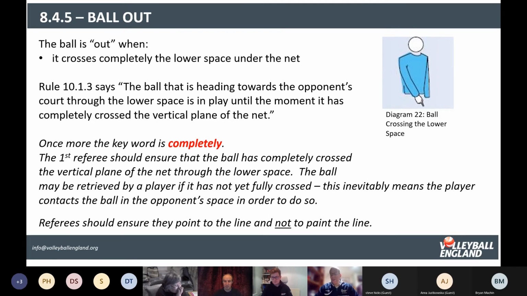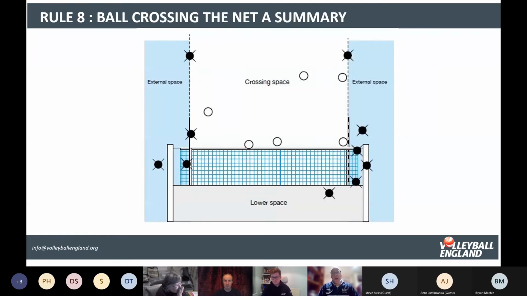But as I say, you don't paint. So when we're looking at around the net and the crossing space, we can see that anything that is in black is a fault, except Rule 10.1.2, and anything which is white ball here is legal.